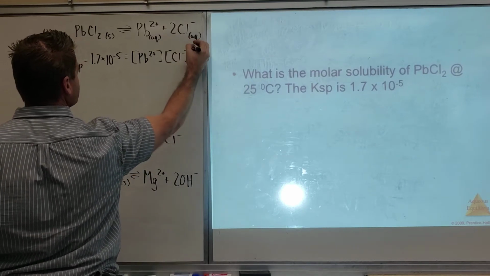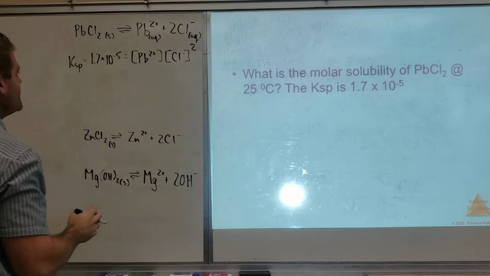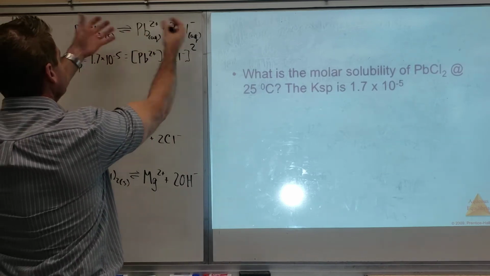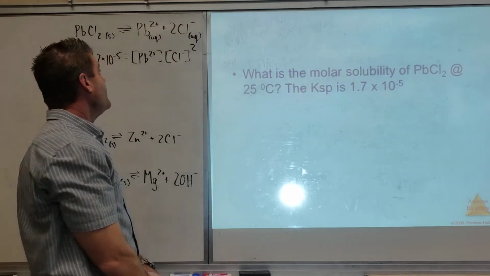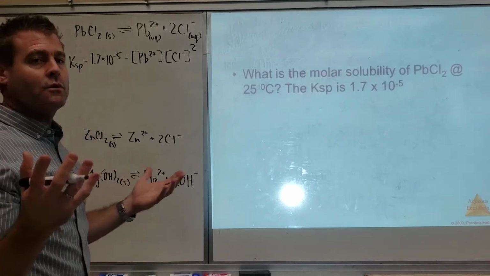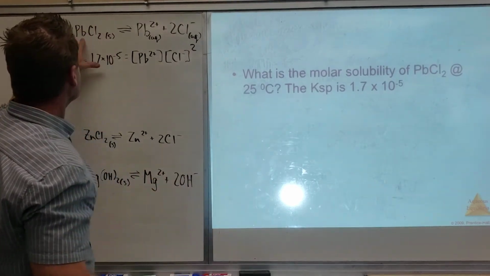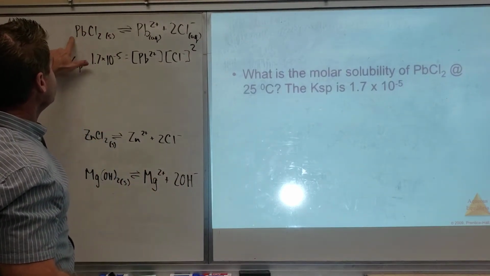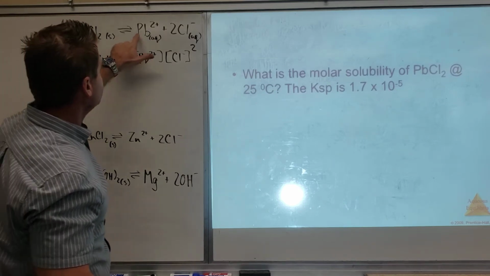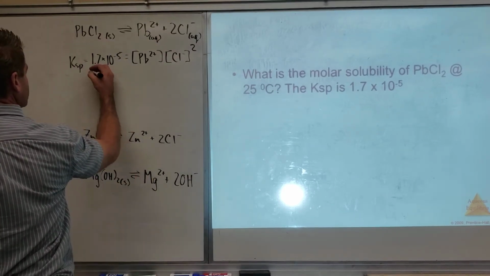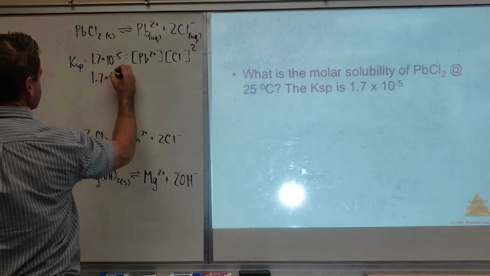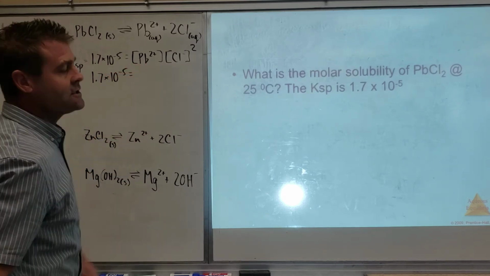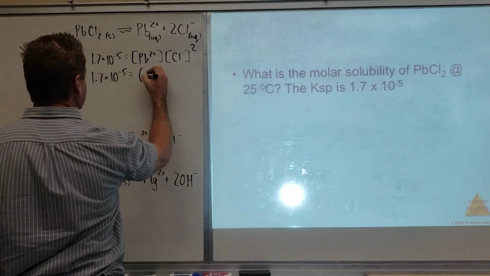You guys remember, raise it to the molar coefficient. I have to square it. So I don't know how much of this dissociates, right? You guys remember, if we don't know how much, what do we call it? We can call it X. So let's say a certain amount, like for every one of this that dissolves, I get one of this and 2 of those. So I'm going to just set up my thing like this, 1.7 times 10 to the negative 5. I don't know what the concentration of my lead ions are. I'm going to call it X.